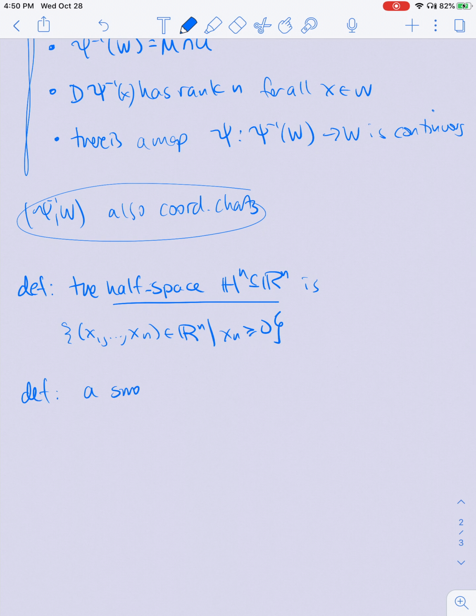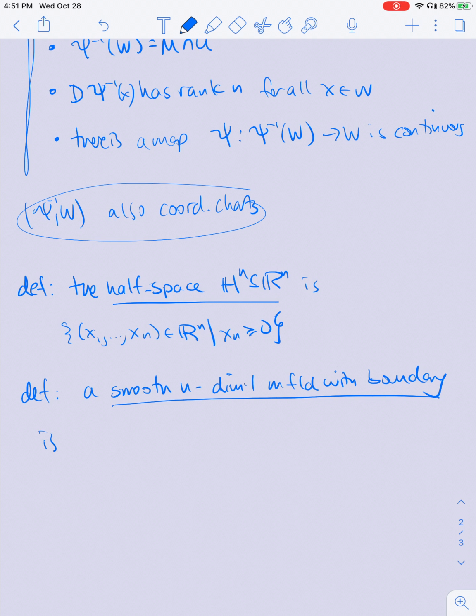And then I'll say a smooth n-dimensional manifold with boundary is M, which is a subset of Rm, with U and V as in the definition of a manifold.